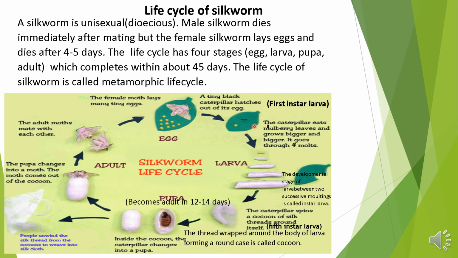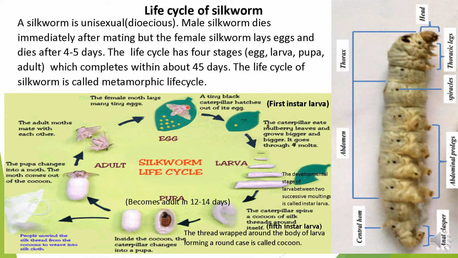The newly hatched larva just after coming out from the eggs is known as first instar larva. It moves in a round looping manner, and this larva of the silkworm is also known as caterpillar.